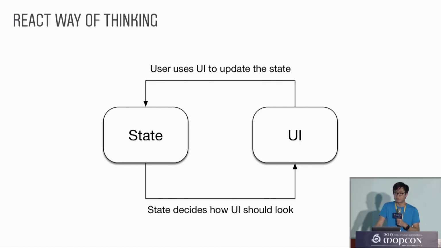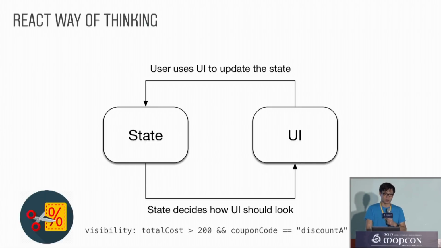State serves as the single source of truth, and state itself decides how the UI should look. The UI itself doesn't decide how it should look. The UI provides a way for the user to interact, but when the user interacts with the UI, it doesn't change its value directly. It comes back to change the state, and since the state has changed, it will reflect again onto the UI and decide how the UI should look.